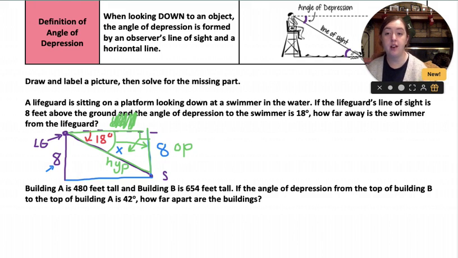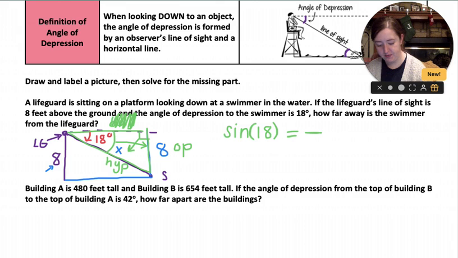Which trig uses opposite and hypotenuse? Yeah, sine. So the sine of my angle, 18, equals opposite over hypotenuse, so 8 over x. Since x is in the fraction, we're going to put the sine of 18 over 1, and then we'll cross multiply.